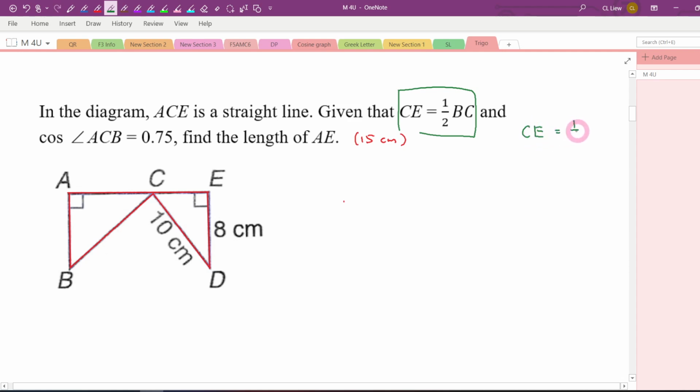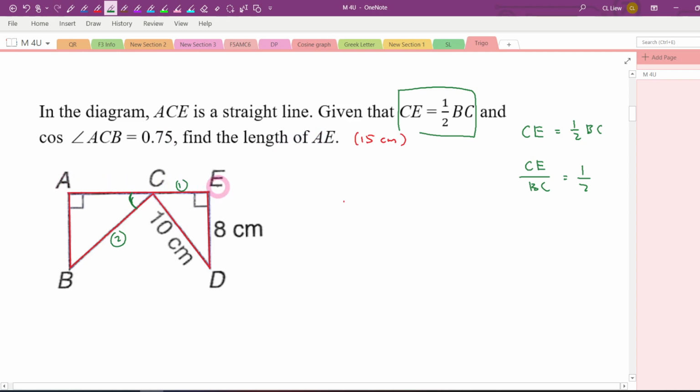If you move the BC over here, we know that CE take one part and BC take two parts. Now, cosine angle ACB, where's ACB? ACB, which is over here, is equal to 0.75.